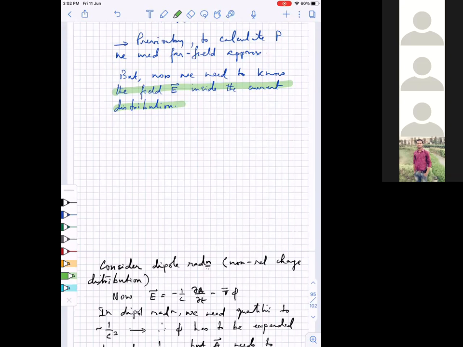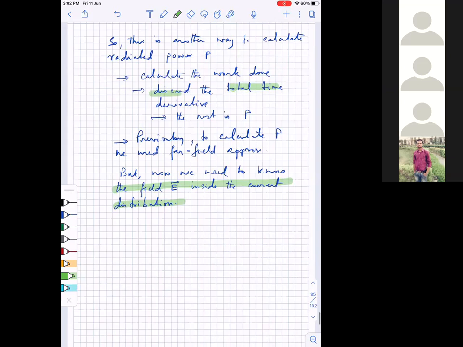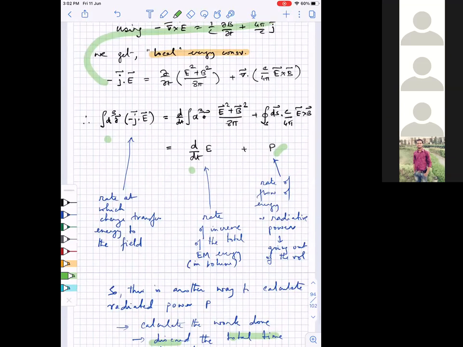And remember the Larmor formula, the flux of radiation went as 1 by c cubed. So in the dipole radiation, the quantity goes as 1 by c cubed. So we need to calculate this equation up to the 1 by c cubed term, and we don't need anything more than that.